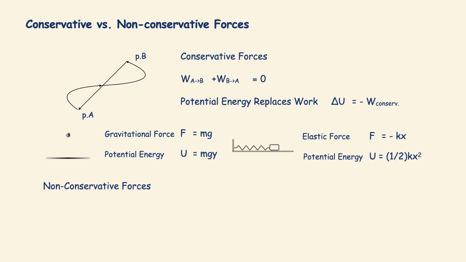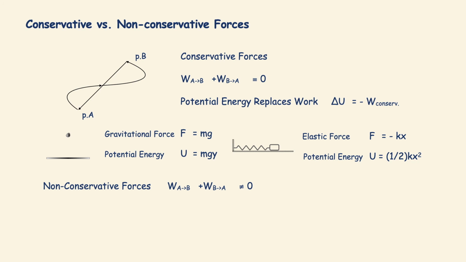What about the non-conservative forces? Well, usually what I do is count which are the conservative forces, and then everything else is non-conservative. In mechanics, again, in 99% of the cases, you discard gravity and the elastic force of a spring, and everything else that you see as a force in your problem most likely is a non-conservative force.